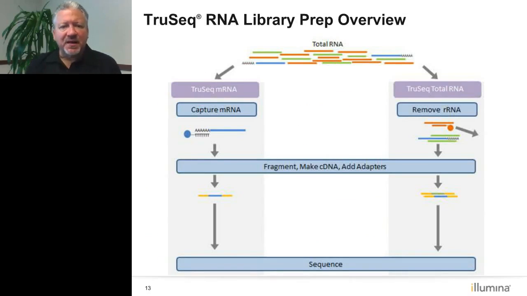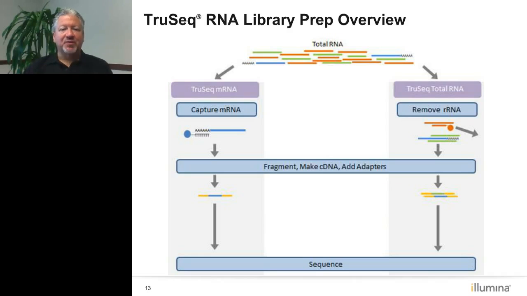So this next slide gives an overview of the different types of sample prep paradigms that there are out there in our kits, and frankly in any method that you're going to use to look at the transcriptome. The first thing you're going to do, as I've mentioned already, is decide if you're going to do a poly-A prep or a total RNA prep.